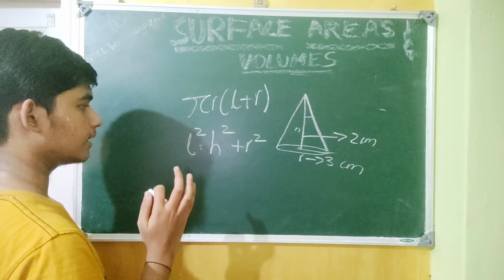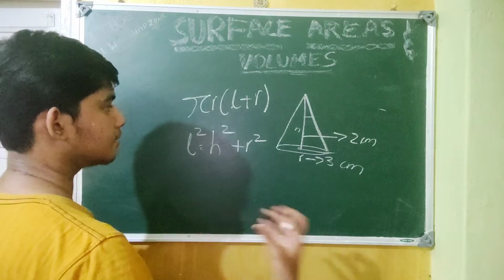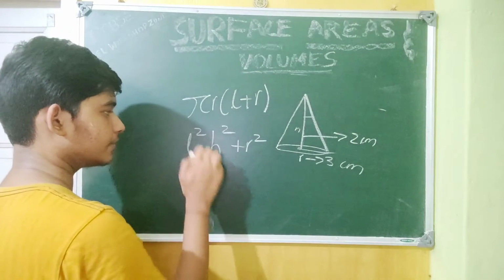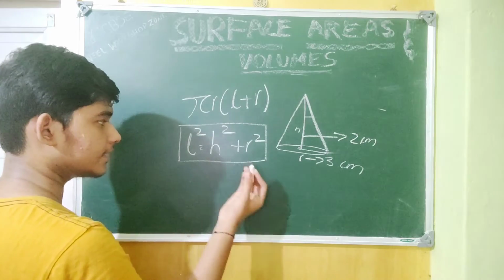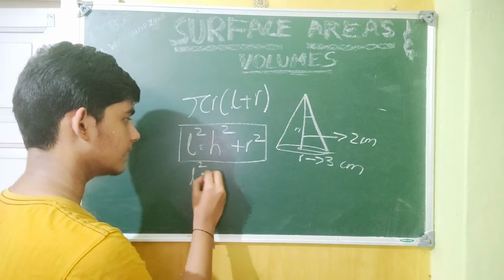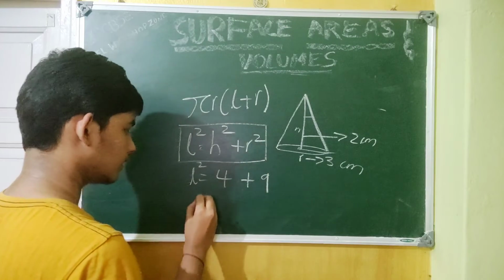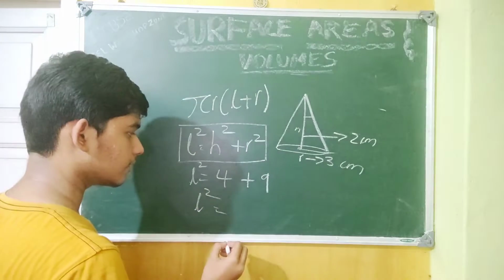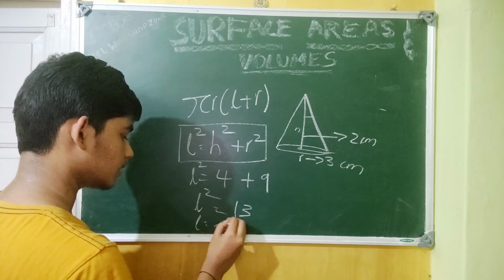So let's take the same question and find the surface area. First, let's use this formula to find the slant height. L square is equal to H square plus R square. So L square is equal to 2 twos are 4 plus 3 threes are 9. So L square is equal to 13 and L is equal to root 13.